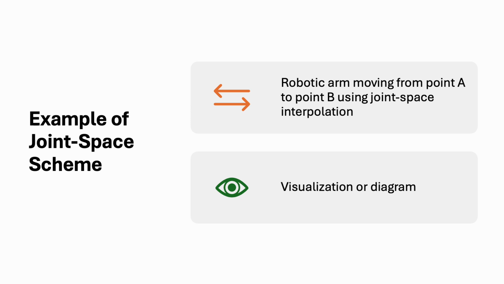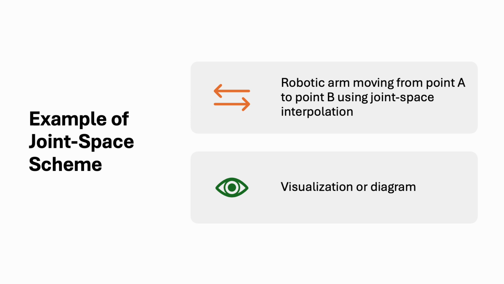To visualize how joint space schemes work in Boston Dynamics robots, consider the movement of a single leg. The hip joint might rotate to position the leg forward or backward, while the knee joint bends to lift or lower the leg, and the ankle joint adjusts to maintain balance and adapt to the surface. Each joint movement is carefully coordinated using polynomial trajectories, which define how the joint angles change over time.